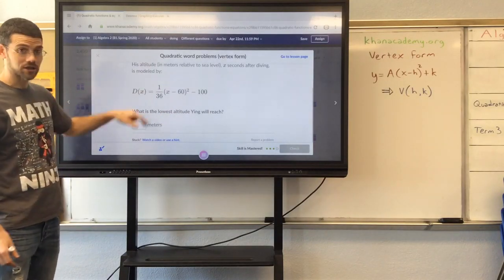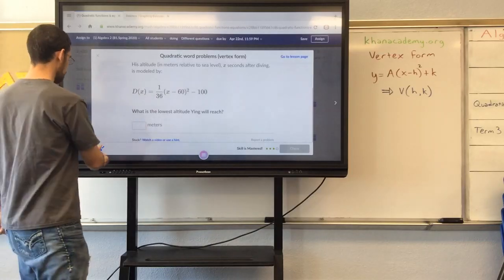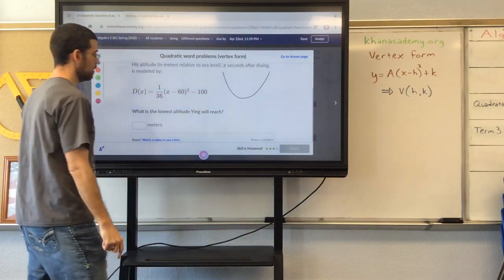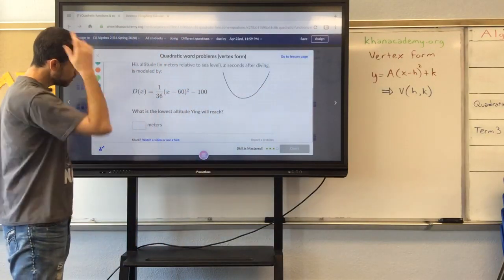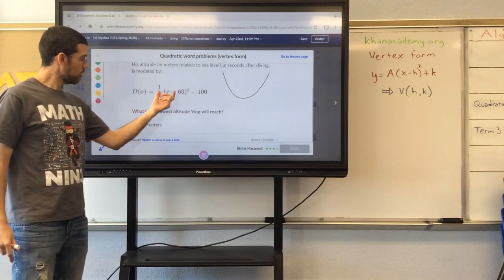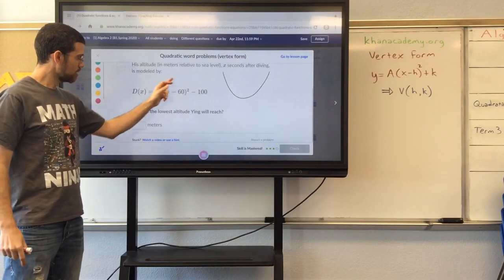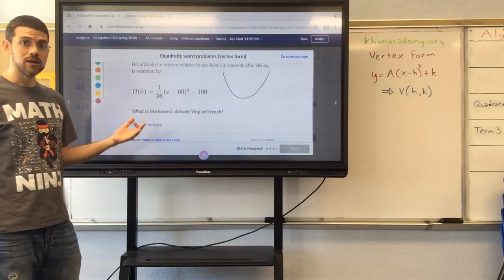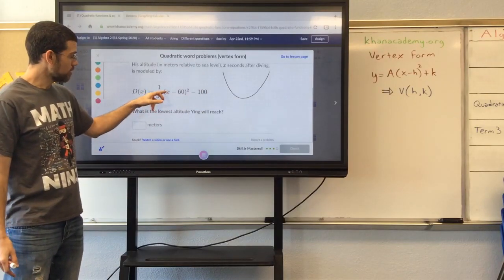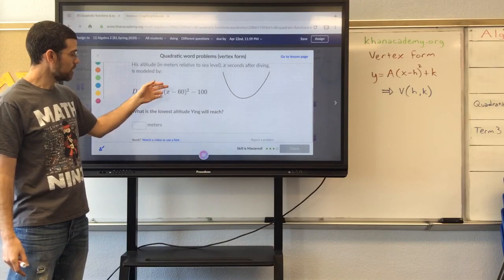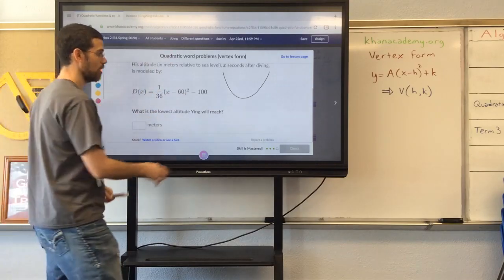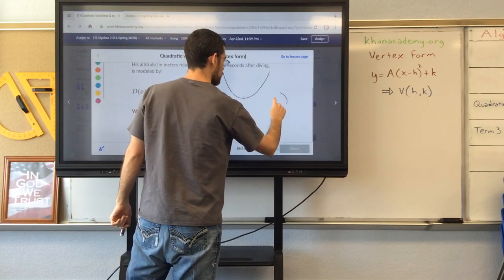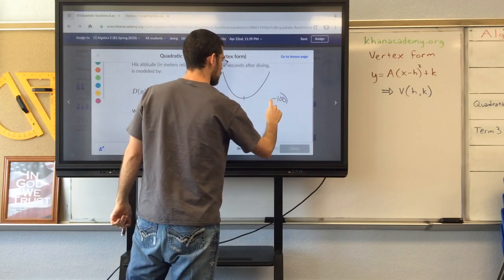Notice we have a positive leading coefficient, which means that our parabola opens up, and you'll notice that this part of the expression is positive, and we subtract 100 from it. Well, what does that mean? If this is always positive, then we can only increase from -100. So we know right now that the lowest point there is -100.